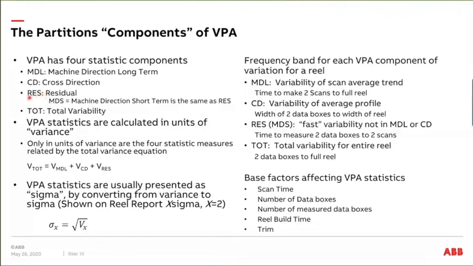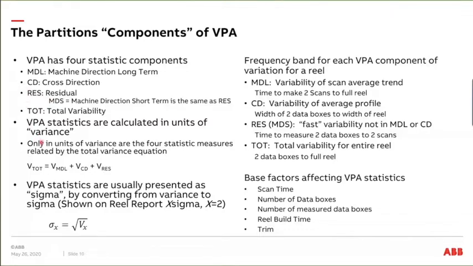Everybody has their personal preference, but they basically mean the same thing. It can be a little confusing, but it's really the remaining variability of what's not in the MDL and what's not in the CD calculation, which is where that residual or MDS component resides.